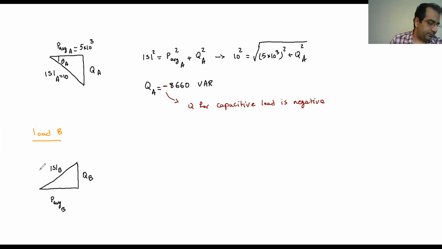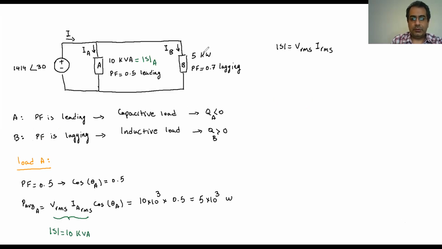Now, if I go ahead and look here at the B, I have 5 kilowatts. So this one is 5 kilowatts here. Because look, the unit tells us what it is. So this one is P average at B, because the unit is the watt. The same here, because the unit was VA, we know that is going to be the apparent power.